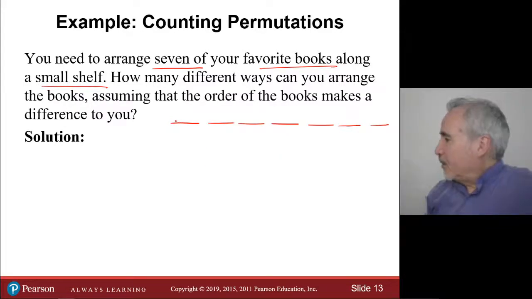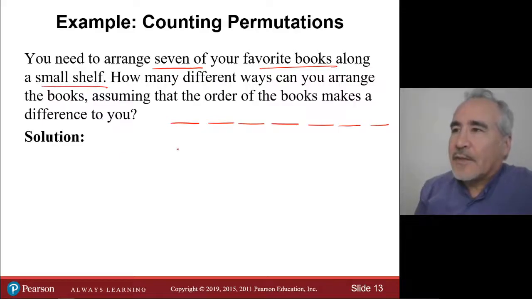Maybe I should get real visual, but I'll sort of get visual over here. When I come to this first slot, we'll call that the first slot. This is the second slot, the third, right? Because order is important, how many choices do I have? I have 7 different books I could choose to put here. I take my choice, boom, there's my book. That's the one I want to put there.